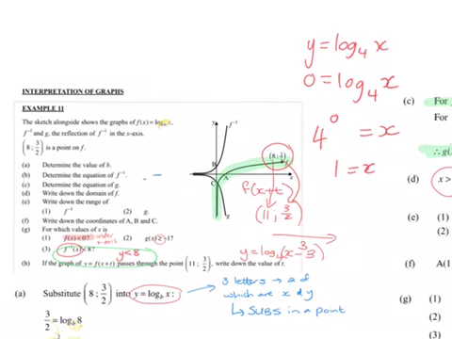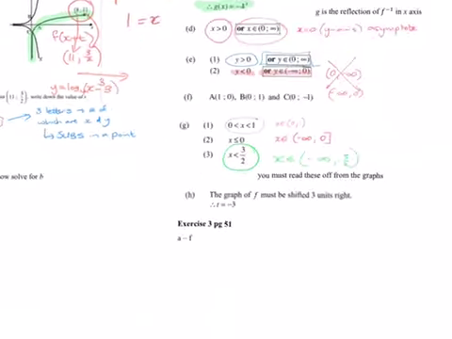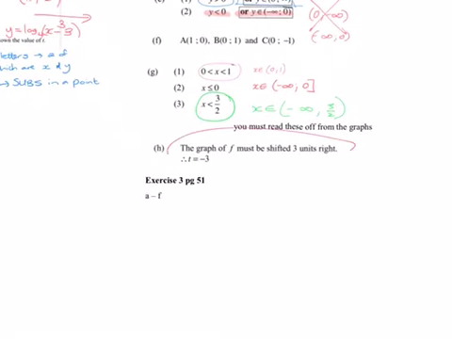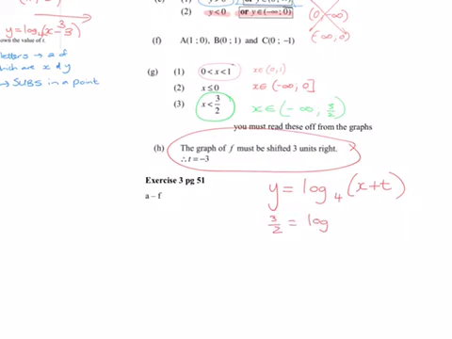What you could have also done, so if we just go back here, so they've just done the basic shift. So we could have had y equals our log base 4x plus t. We have y, x, and t are the unknown letters, so we can subs in a point, and the point they gave us was 3/2 for the y and 11 for the x.